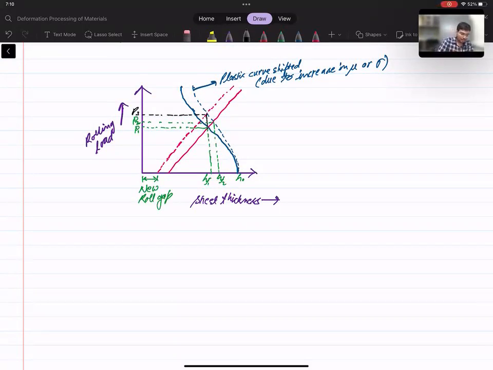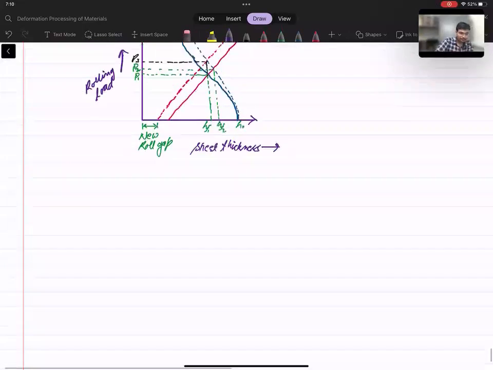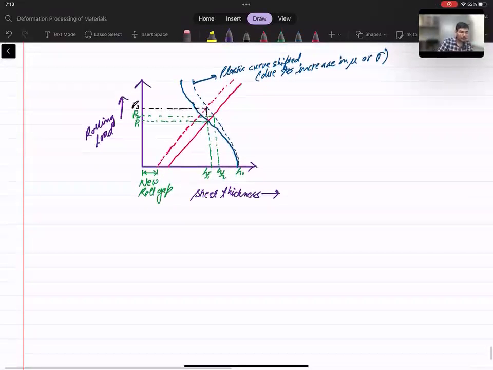Let me write it down here also. Okay. Now these were the points that the pressure increases or the load increases either due to increase in flow stress or the coefficient of friction. Okay. This increase was P2.